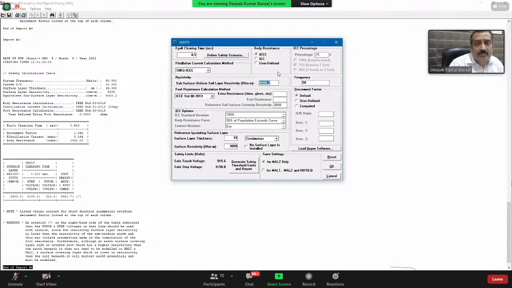But suppose we change it, suppose we have 100 ohm meter soil resistivity, as you will generally find everywhere, then what will happen?